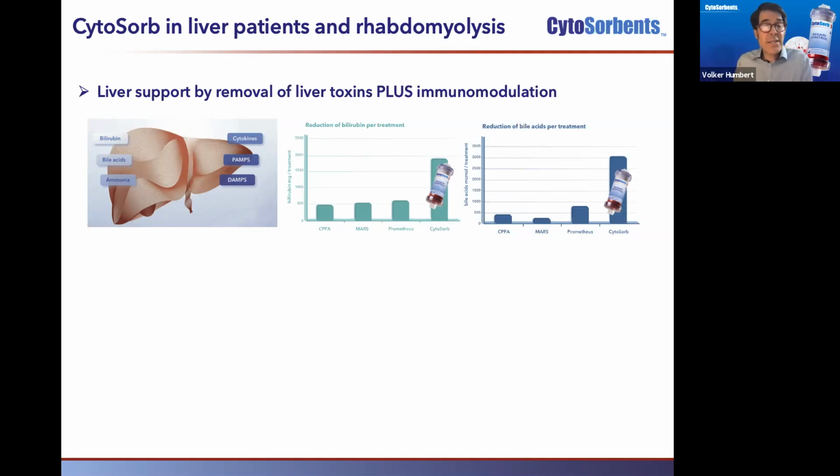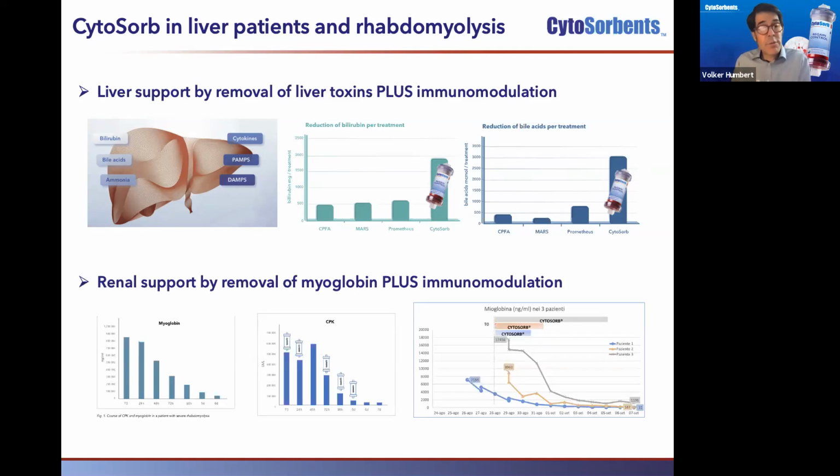We have quite nice experiences having treated cardiac surgery patients with a certain degree of liver dysfunction. However, this is not yet very well documented and not even analyzed, but in principle, liver patients undergoing cardiac surgery can represent a quite interesting group for the intraoperative use of Cytosorb therapy as well.